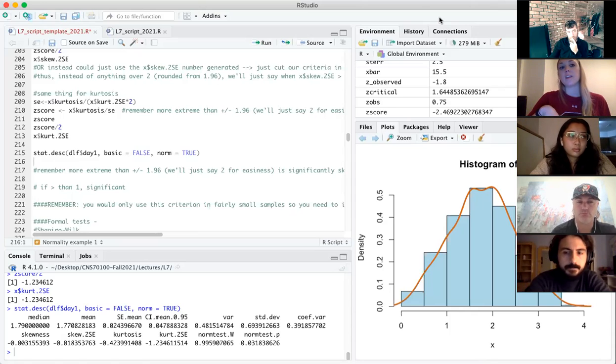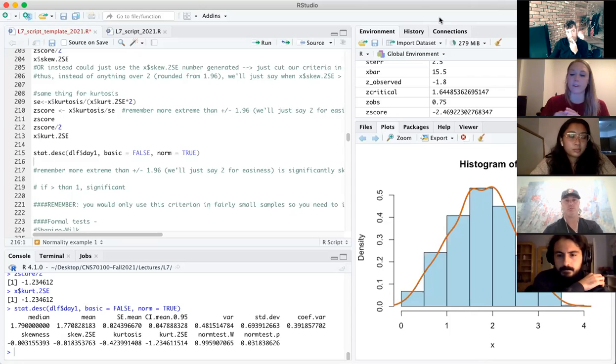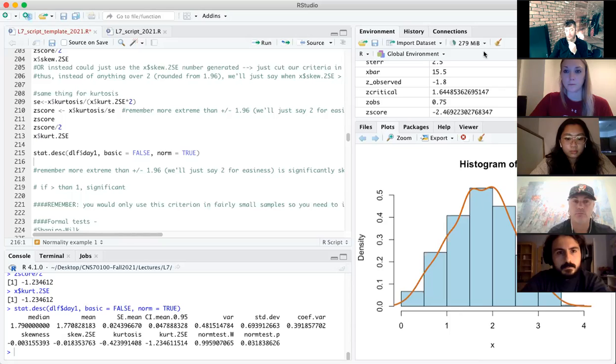The only thing you have to worry about is making sure your estimates are independent of one another, and the residuals. As long as your residuals are normally distributed, that also is not really that big of a thing. Okay.